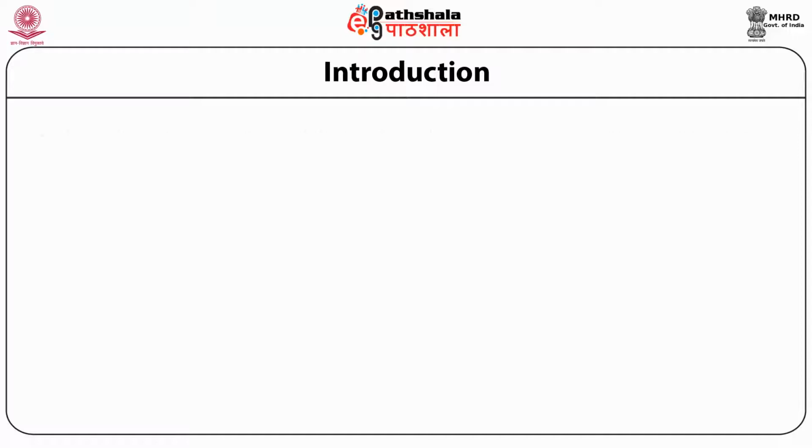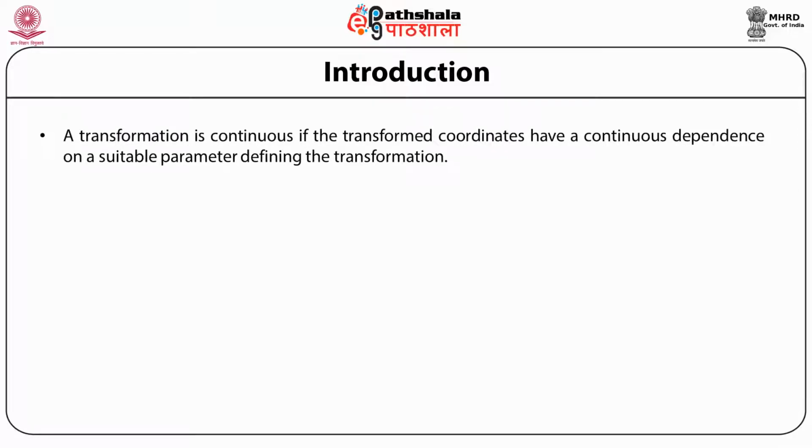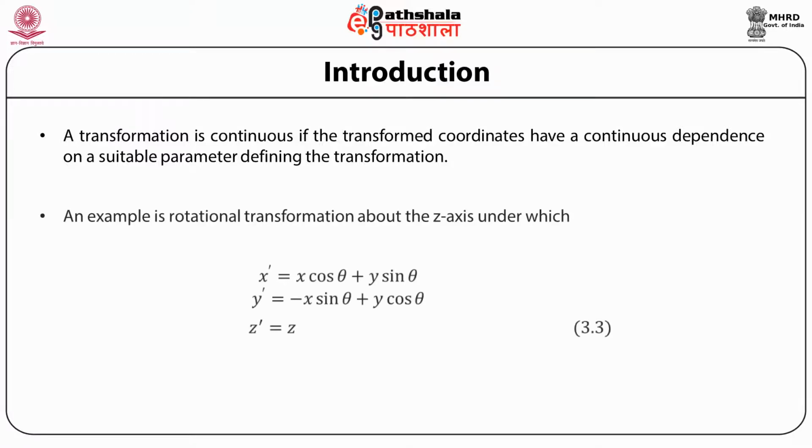On the other hand, a transformation is continuous if the transformed coordinates have a continuous dependence on a suitable parameter defining that transformation. The simplest example of a continuous transformation is a rotational transformation about the z-axis.